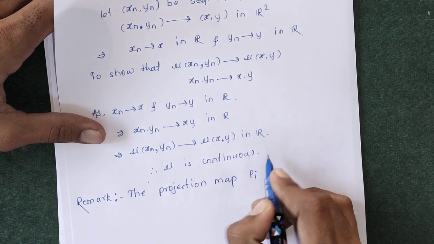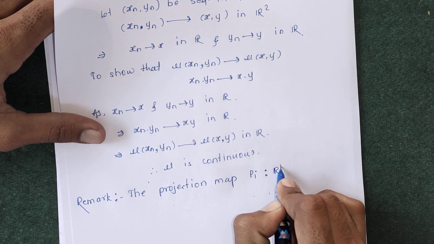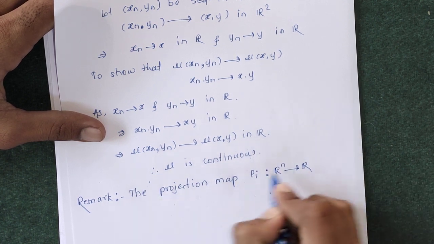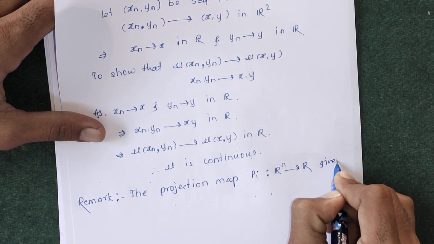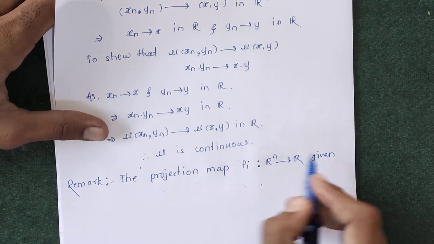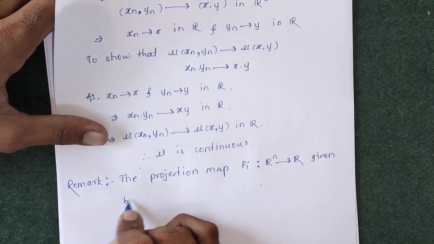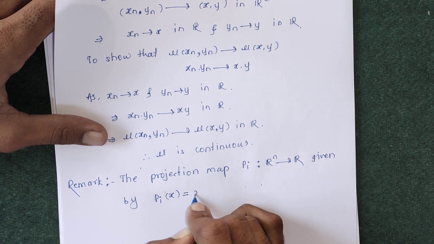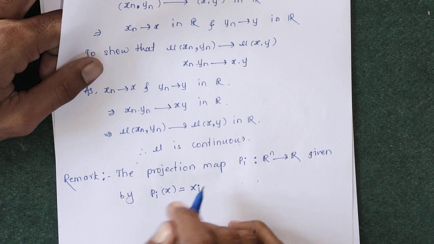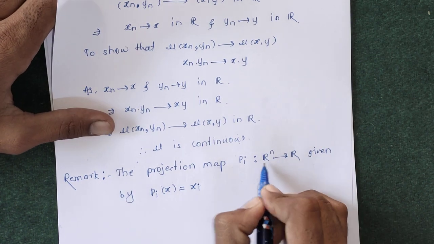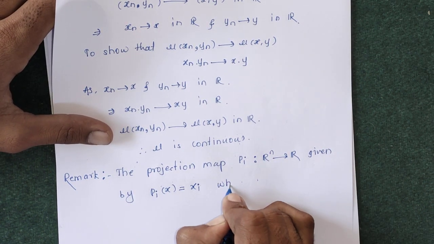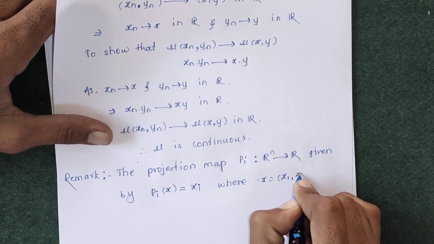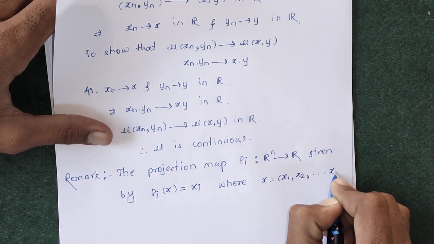Suppose pi from R raised to n to R is the projection map given by pi_i of x equals x_i, where x is an n-tuple element, x equals (x1, x2, up to xn).